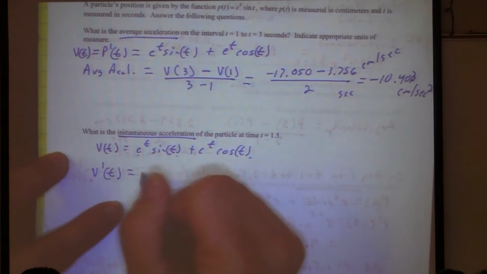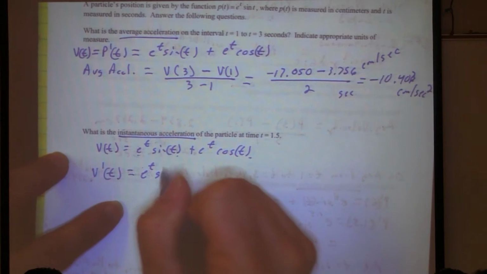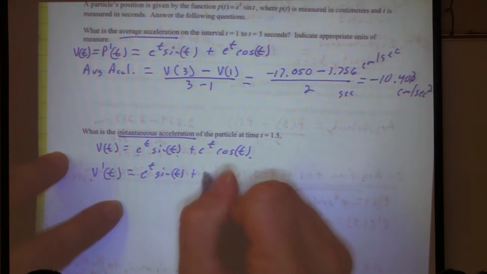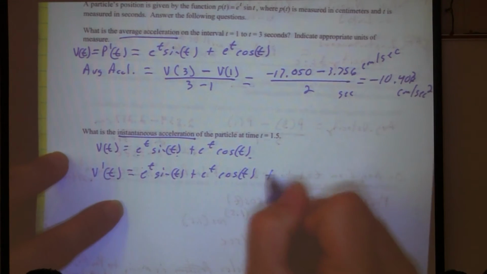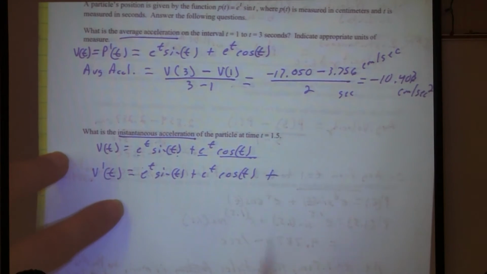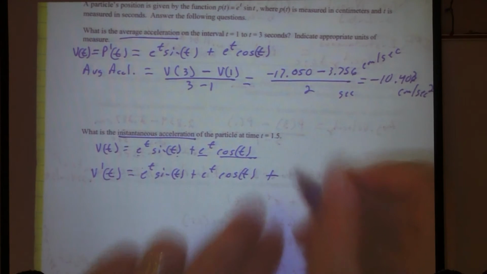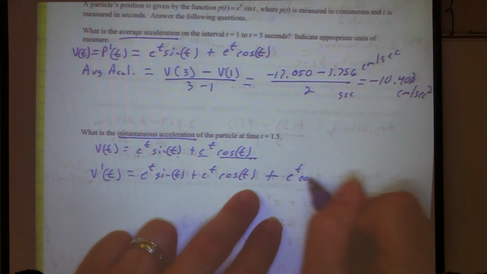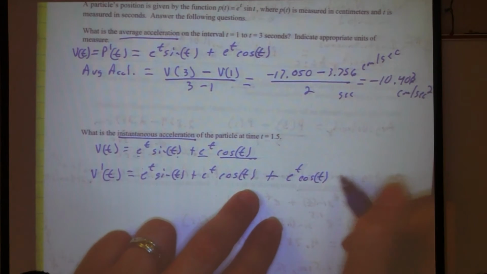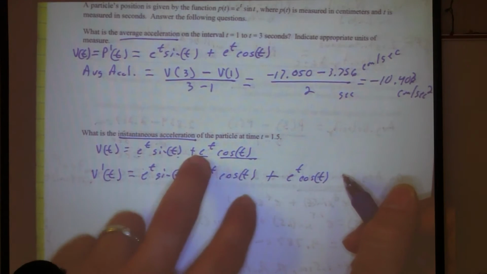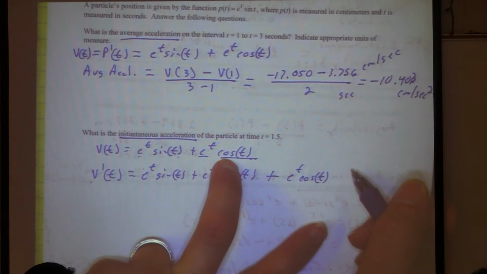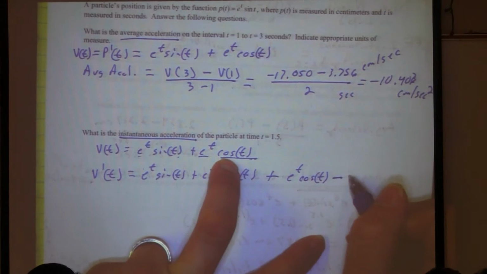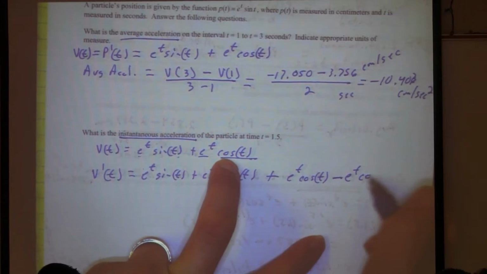Yes or no? Yes, sir. Plus, now we need the derivative of this guy, which is going to be e to the t cosine of t. And then the first times the derivative of the second, what's the derivative of cosine? Negative sine, so that's going to give us negative e to the t sine of t, right?